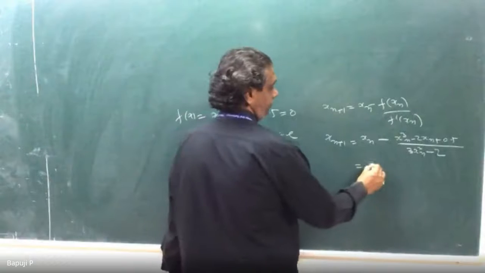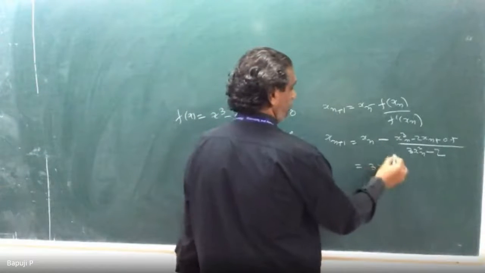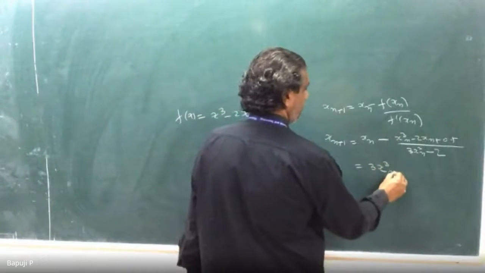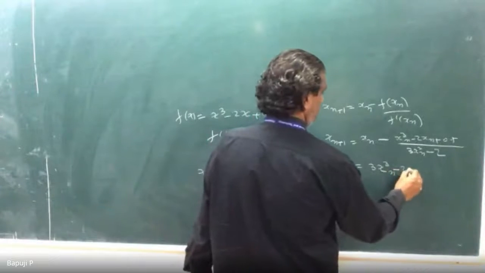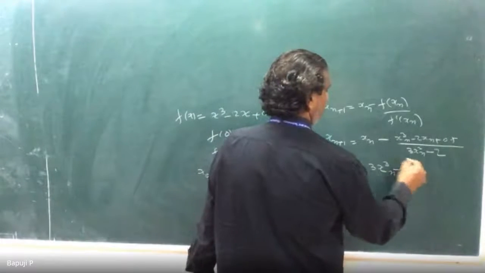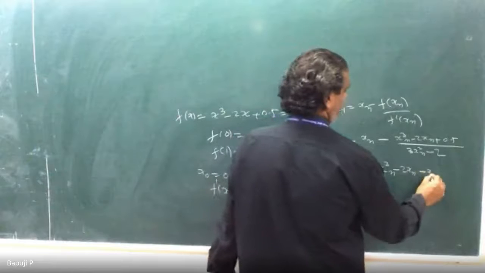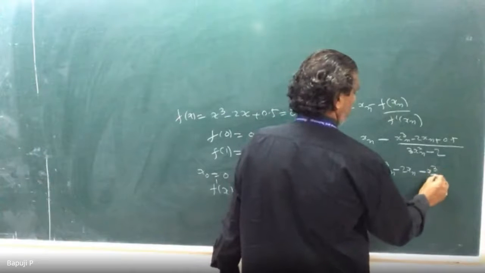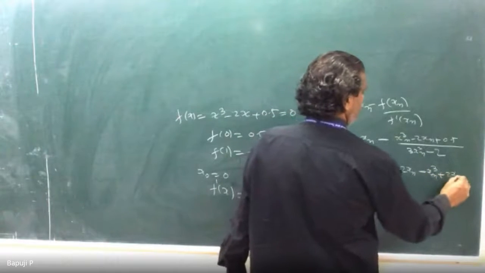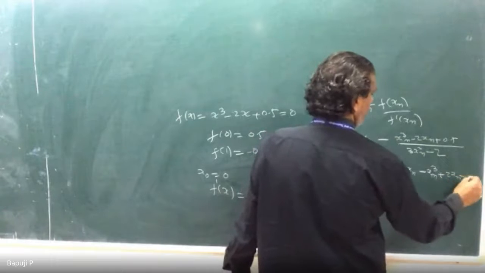Simplify, what do you get? 3 xn cubed minus 2xn minus of this, xn cubed plus 2xn minus 5.